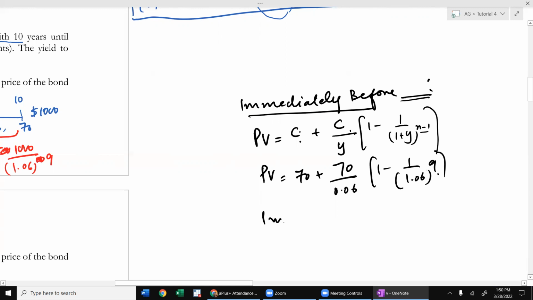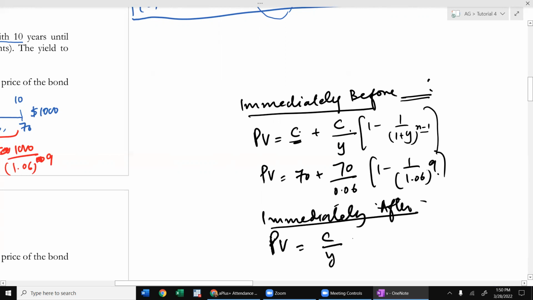For immediately after, what will you do? Will you add this C? So it will be C divided by Y, 1 minus 1 over 1 plus Y. Should I use N or N minus 1, students?